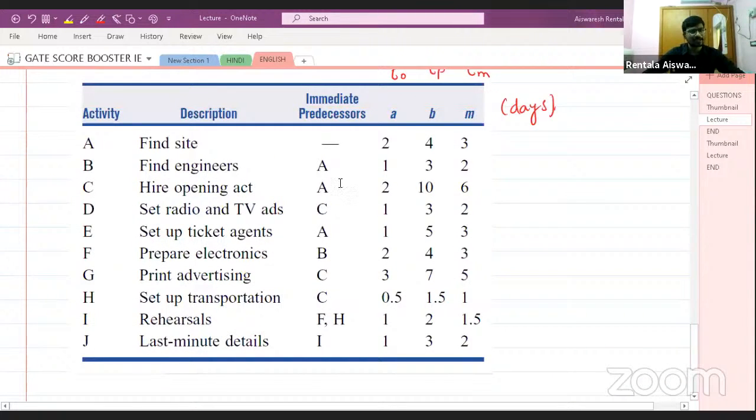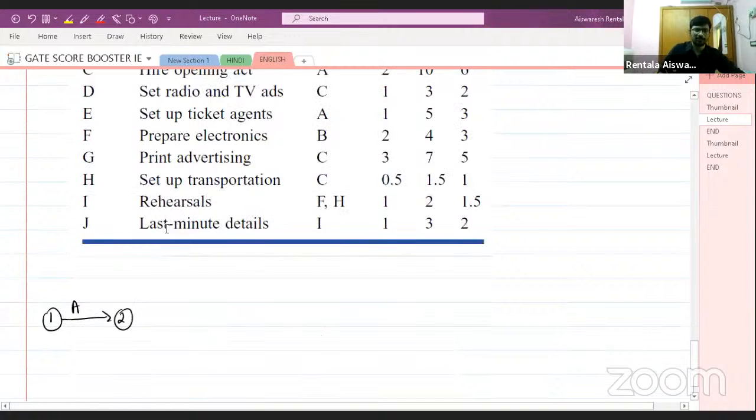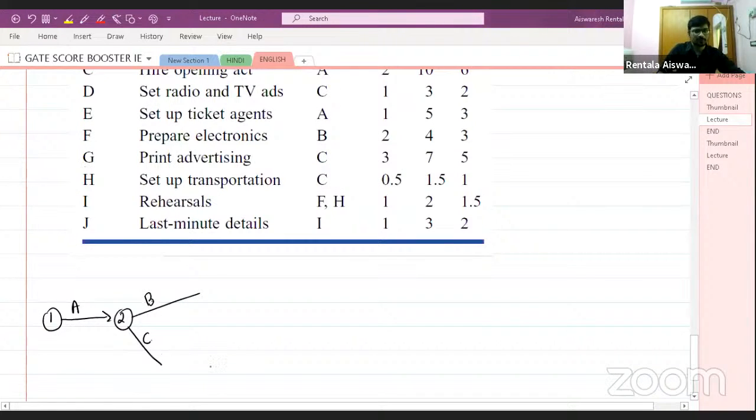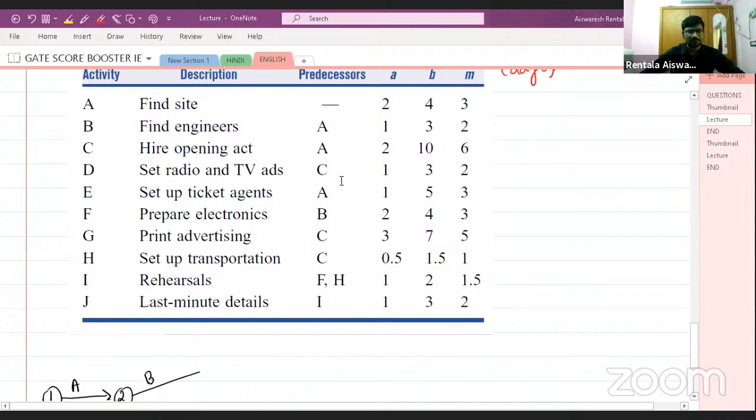So after completing activity A, I have to start B and C. So let me start activity B and activity C also. As I said, do not represent n nodes. So after completing C, I have to start activity D. Okay, so after completing C, I am starting activity D.